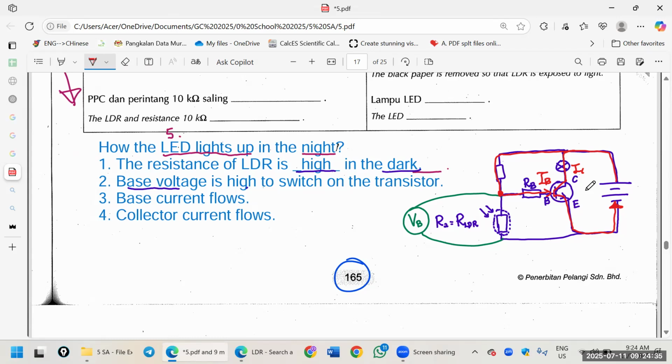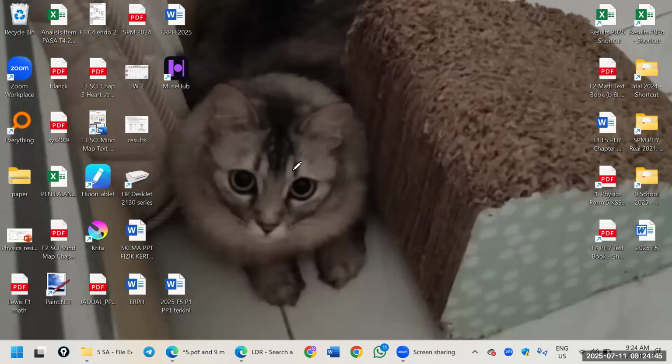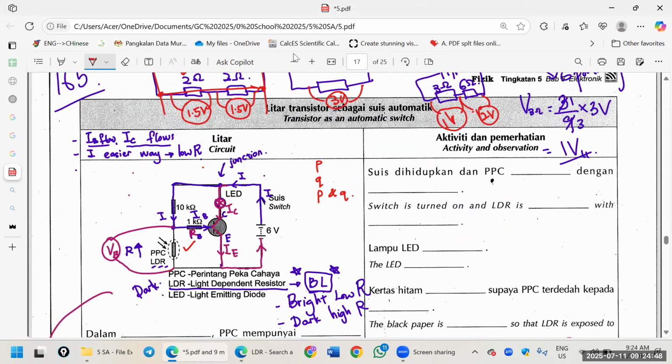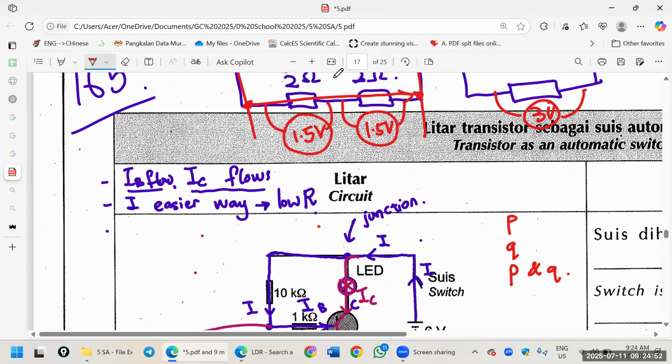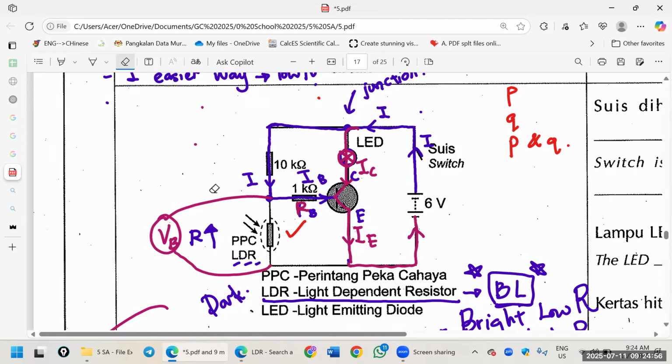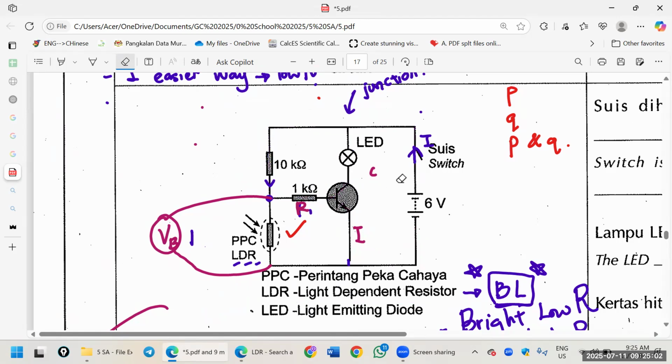Okay? Right? What's your name? Muhammad? Right, Muhammad? Look at this diagram. Tell me how the LED lights up in the dark.